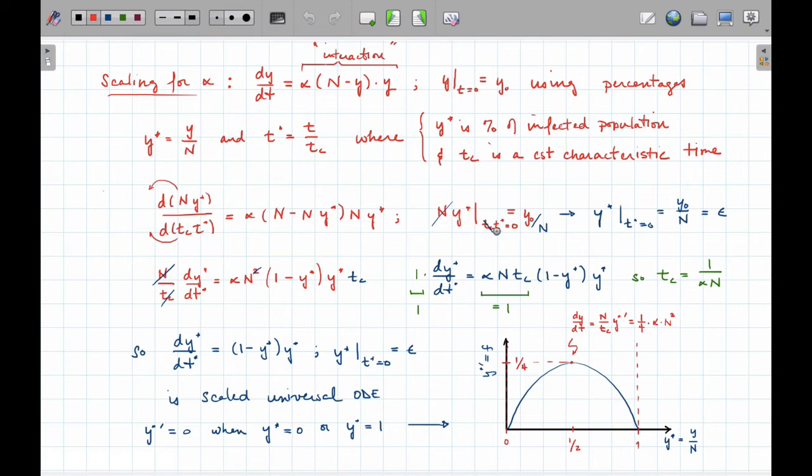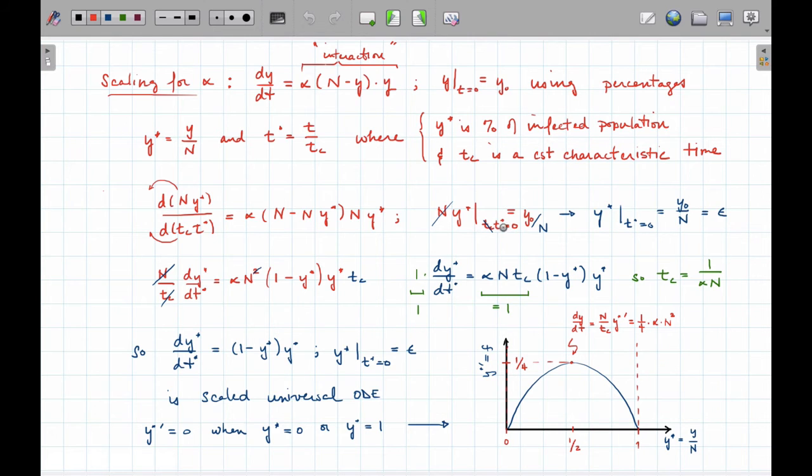The problem yet isn't dimensionless, but we can start the process of rendering it dimensionless by getting rid of these parameters and putting them together. You can see n times y star equals y naught. If we divide through by n, we get y star at t star times tc.